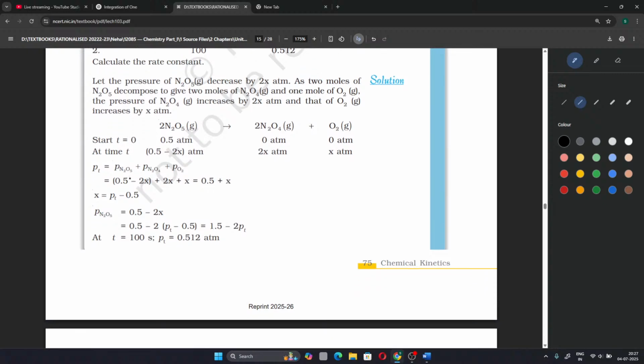In such a case, at time t the total pressure is this. We will get x equals P total minus 0.5, and the pressure of N2O5 is 1.5 minus 2 P_t.